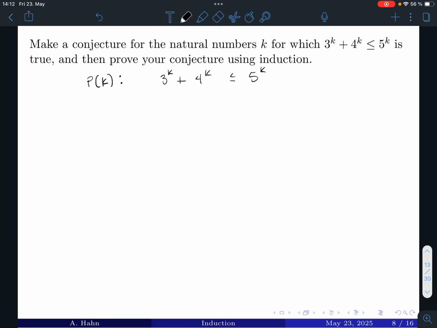And we have to figure out for which k values that's true. And then we're going to prove it. So let's just try some k values. Let's try k is equal to 0.